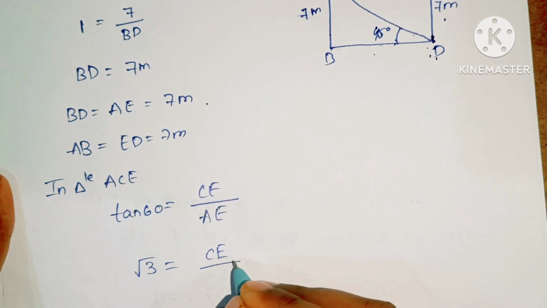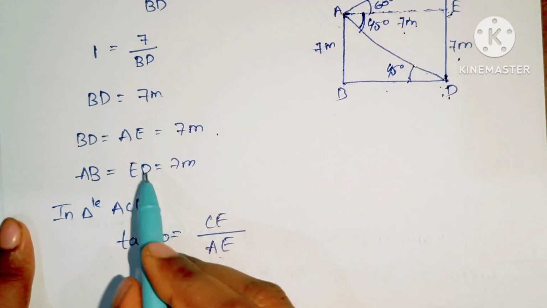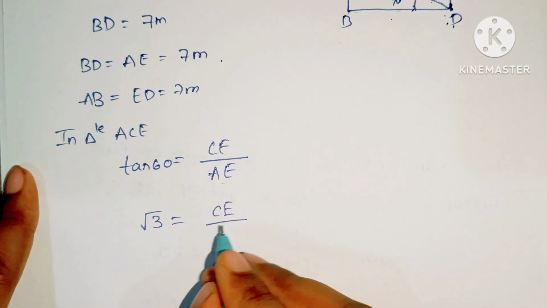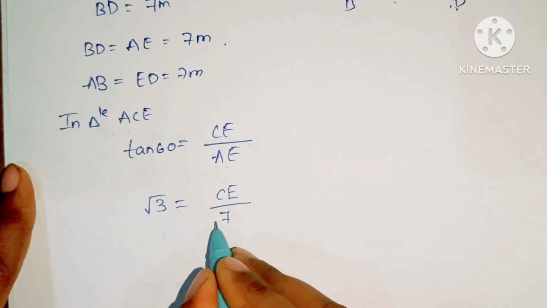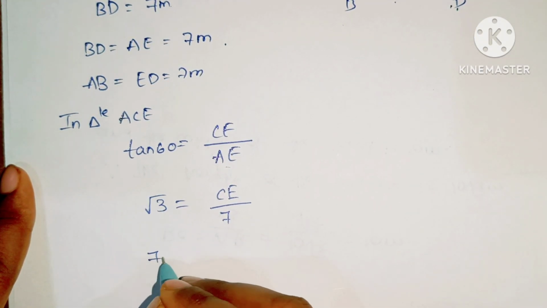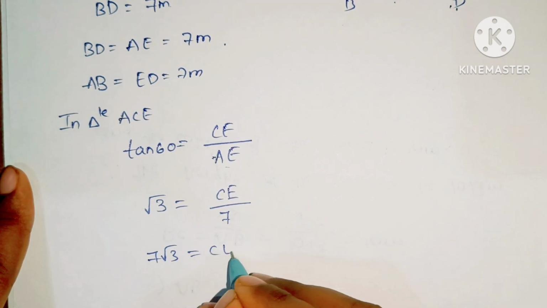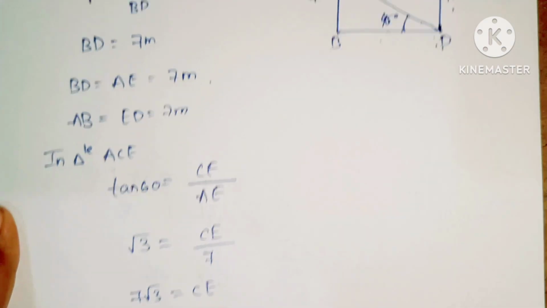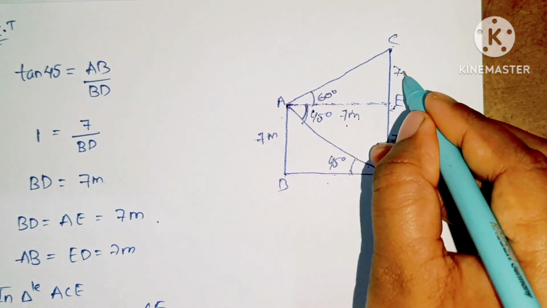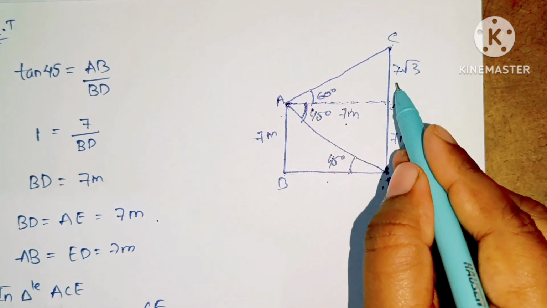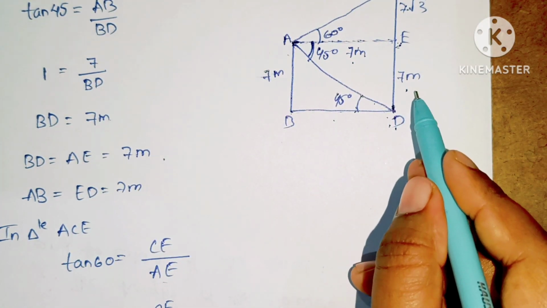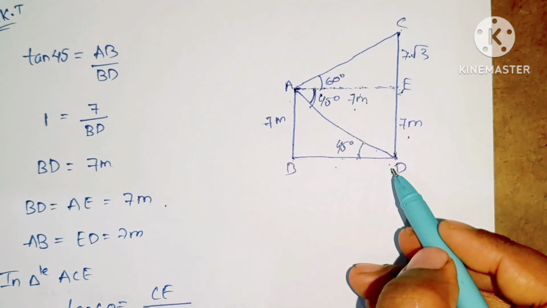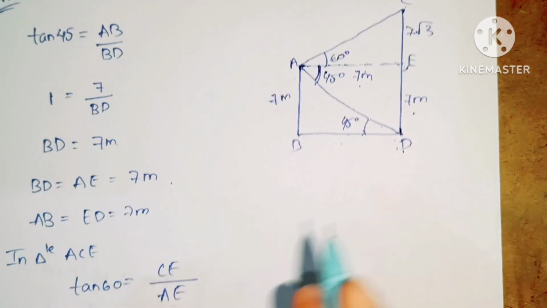So write CE by AE, where AE is how much? 7 meters. Write down here 7. Transpose this to this side and what you will get? 7 root 3 equals CE. That means CE equals 7 root 3. Half the tower is 7 root 3, the other half of the tower is 7 meters. So the total height of the tower means CE plus ED.